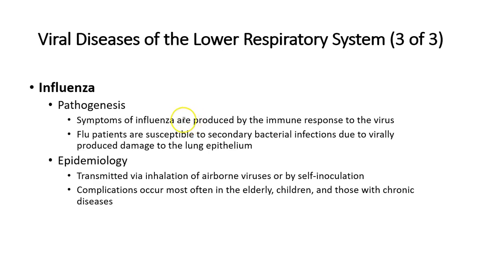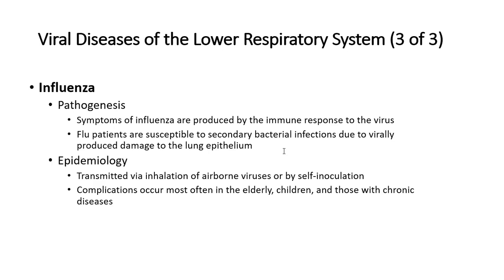Symptoms of flu are produced by the immune response to the virus. The body is trying to fight it and is making you absolutely miserable. Flu patients are susceptible to secondary bacterial infections because of the virally produced damage to the lung tissue. So sometimes the docs will prescribe an antibiotic when you have the flu.